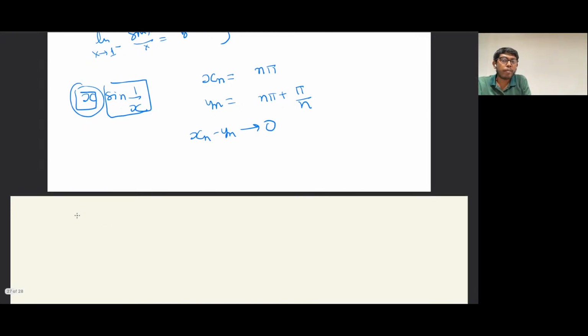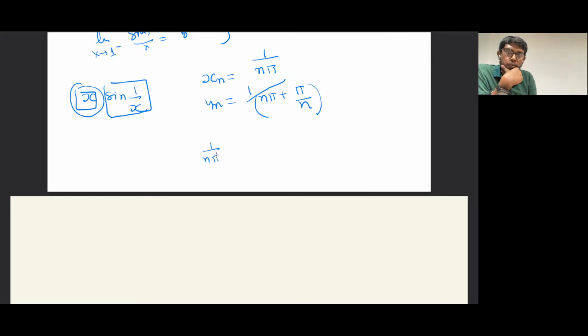But let's see f of xn. It's sine 1 by x now, so let's better take 1 by x. Let's take 1 by n pi, and 1 by n pi plus pi by n, which goes to 0.